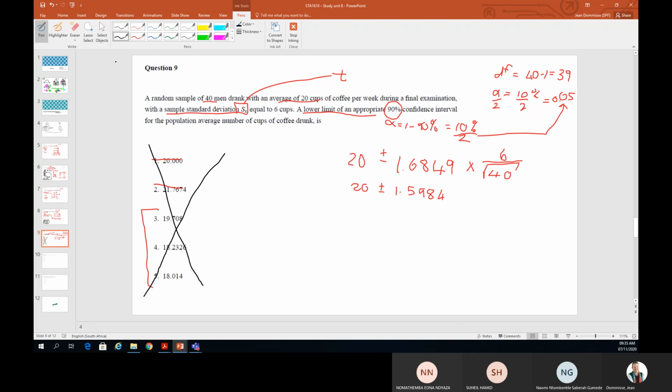Unfortunately, again, if you look at question 9 on page 174 of the extra question sets or the extra examples, there's a mistake in that document because the degrees of freedom, the 39 that they reference to the table, is wrong. Okay, so it's not me going mad at this point. It is a mistake in the tables.